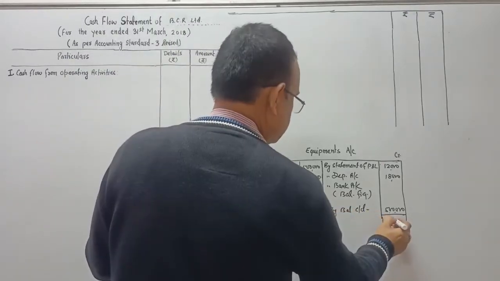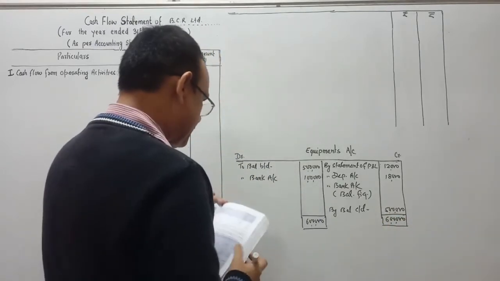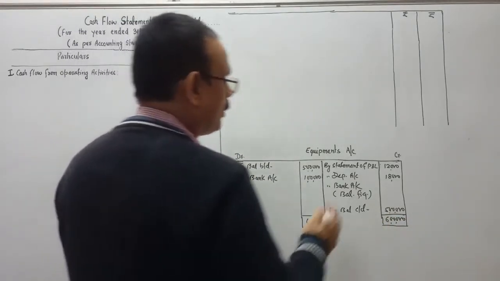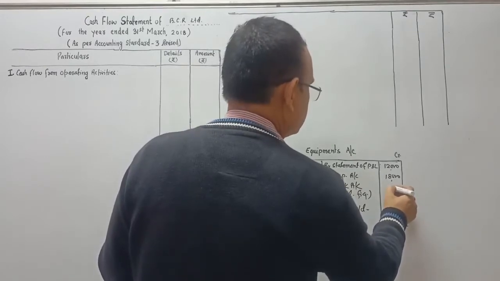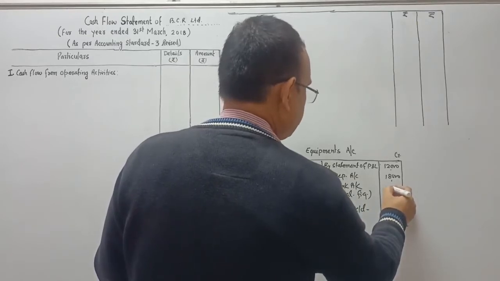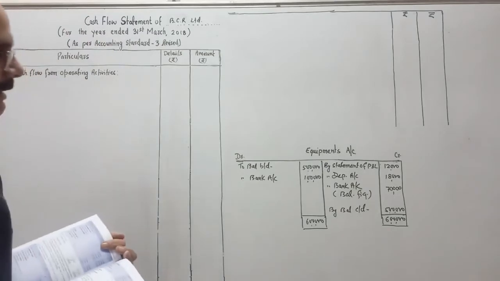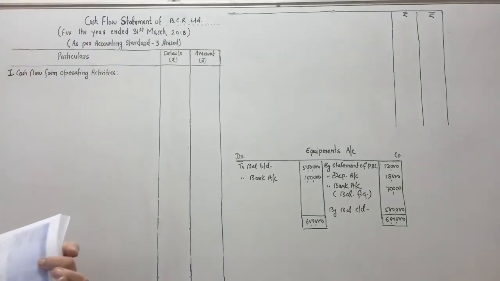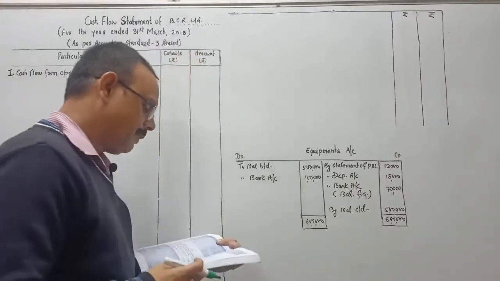We are going to write the 6 lakh. This side also, debit side total is more. So the difference indicates your sale of equipment. So this is 70,000. It means equipment is sold for rupees 70,000. Is it clear? Equipment is sold for rupees 70,000. So this is the first working note.